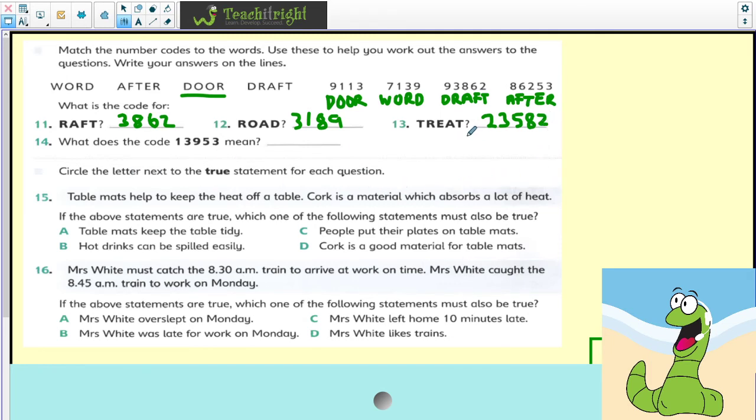So 23582. And then what word does 13953 spell? Well, the 1 is an O, the 3 is an R, the 9 is a D, the 5 is an E, and the 3 is an R again. So we've got order.